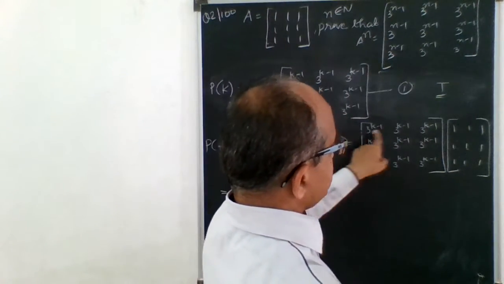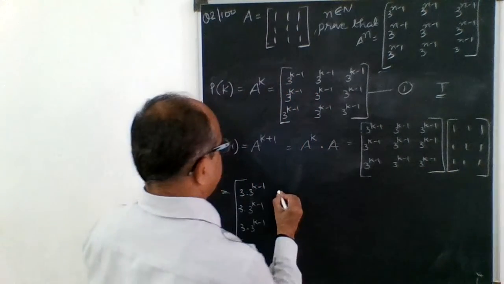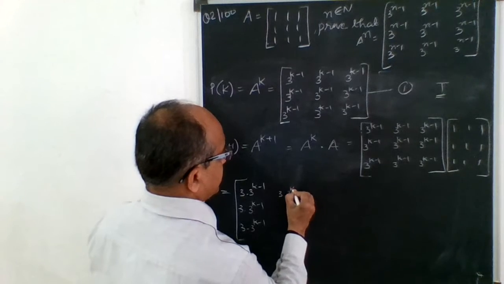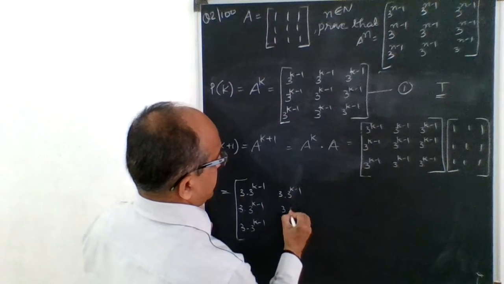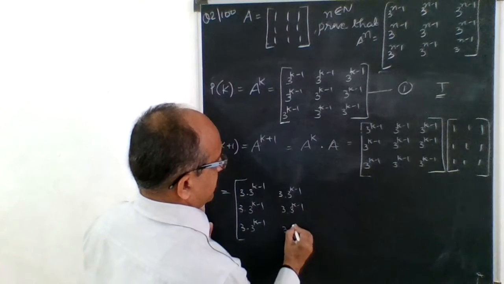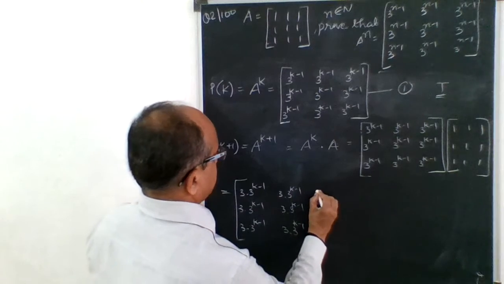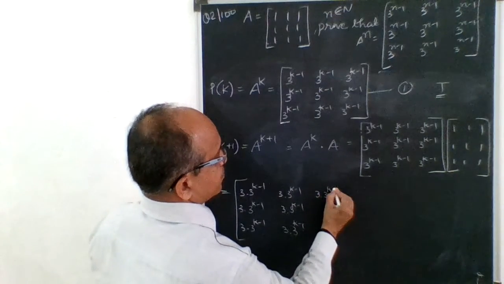Now first row, second column is also the same. That means all values will be like this only: 3 into 3 raised to k minus 1.